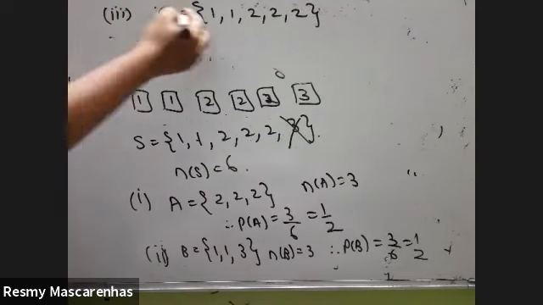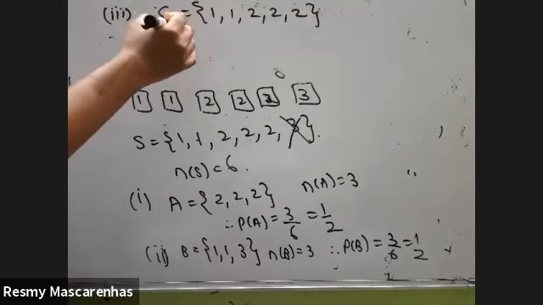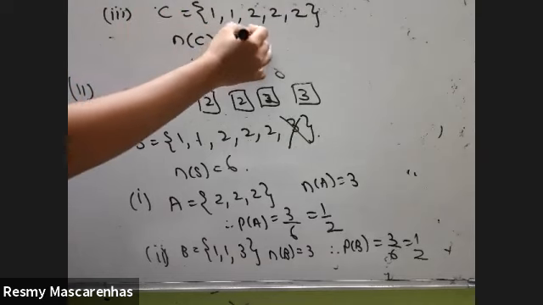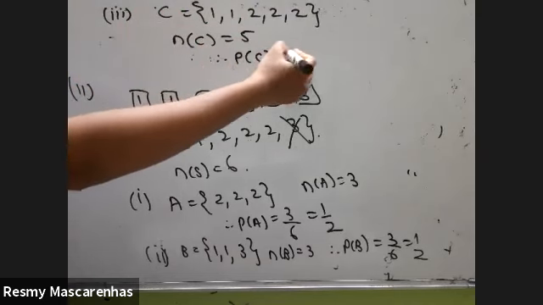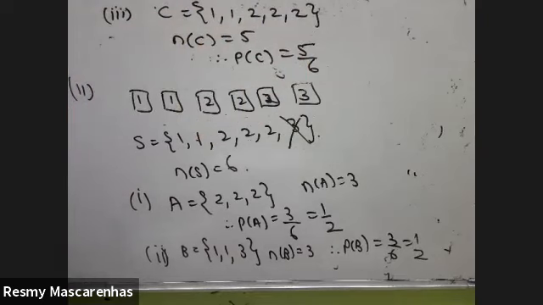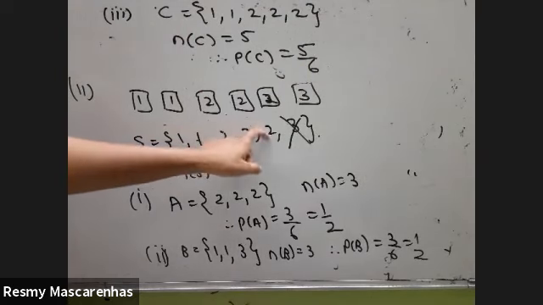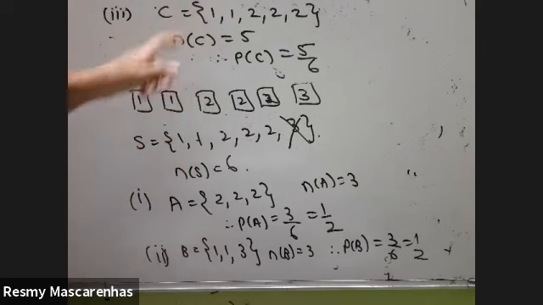How many elements? 5 elements. The probability is 5 out of 6. So if they had said not 2, these all 3 would have gone. And what would C be? 1, 1 and 3.